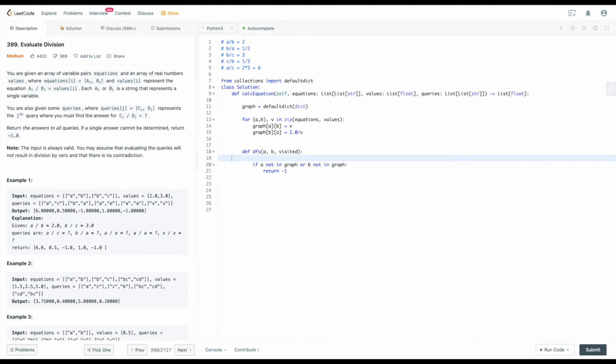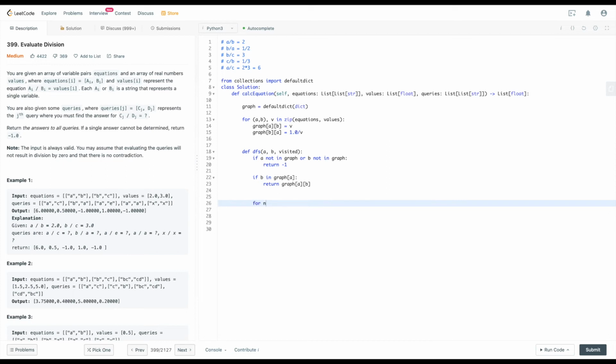So when it's not even part of this graph, that means it's something like X or E, then we just automatically return -1. We don't need to search any further. We can do another base check. So if B in graph[A], then that means we can just return graph[A][B]. And then now we are ready to search in the neighbors.